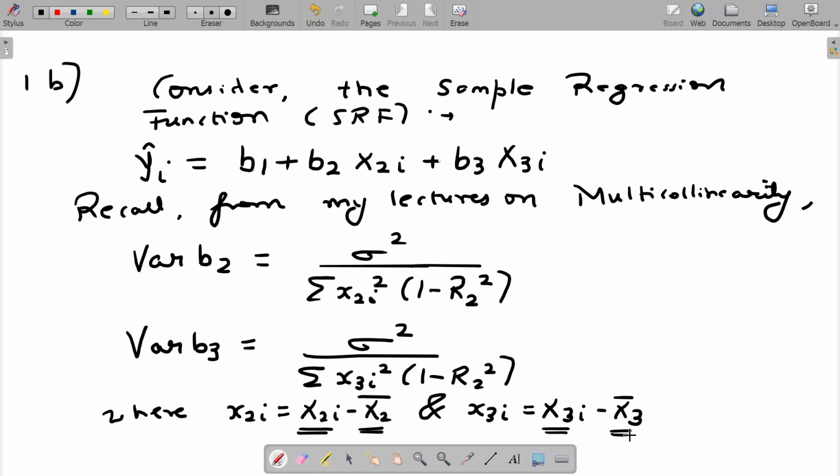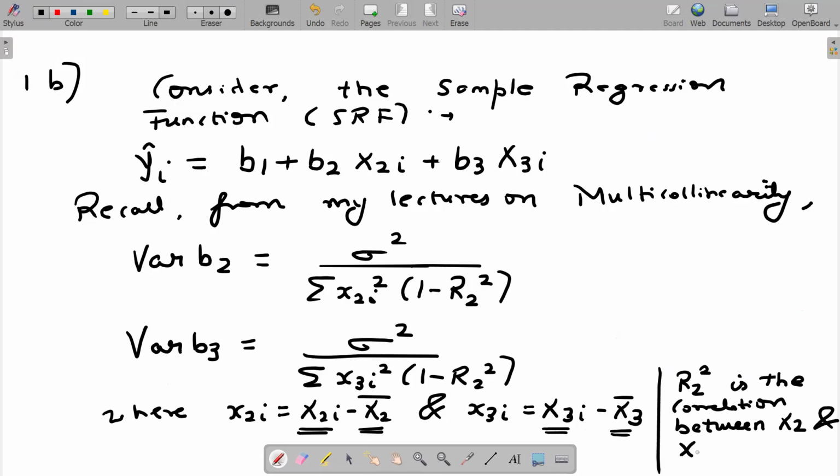Okay, and what is R2 star? R2 star is the correlation between X2 and X3. I have covered all this in my lectures on multicollinearity.